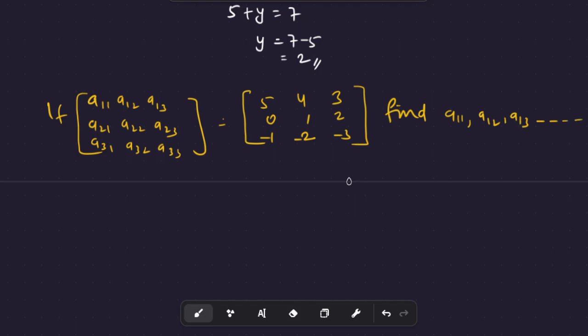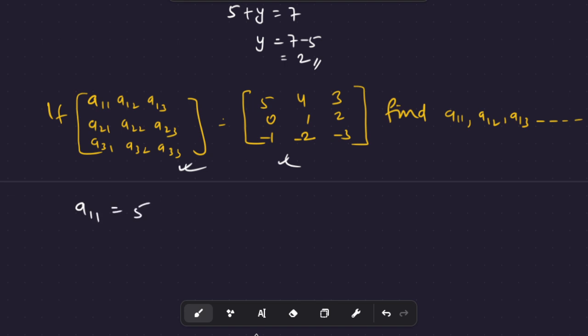Okay. Can you state all the values? These two matrices are equal. We need to find the values of A11, A12, A13 like this. Now, what is the value of A11?